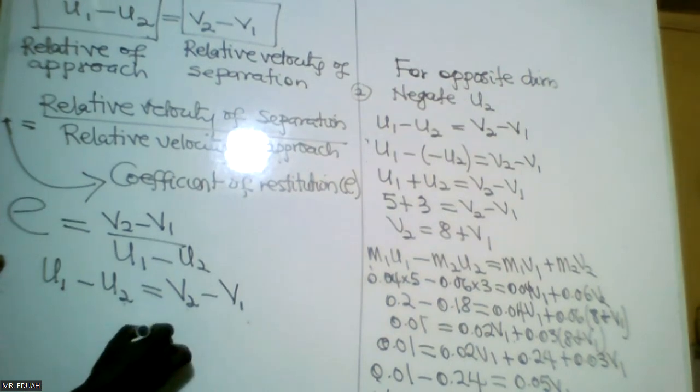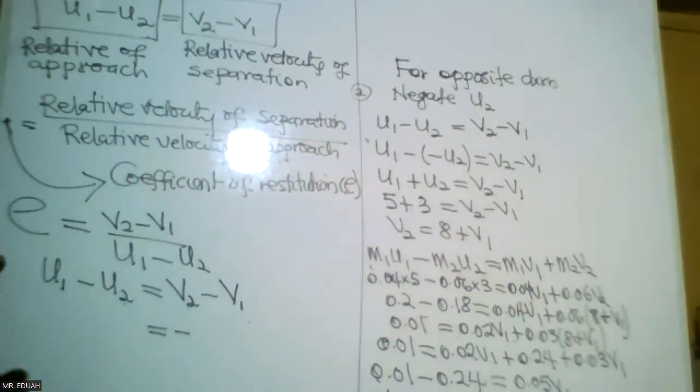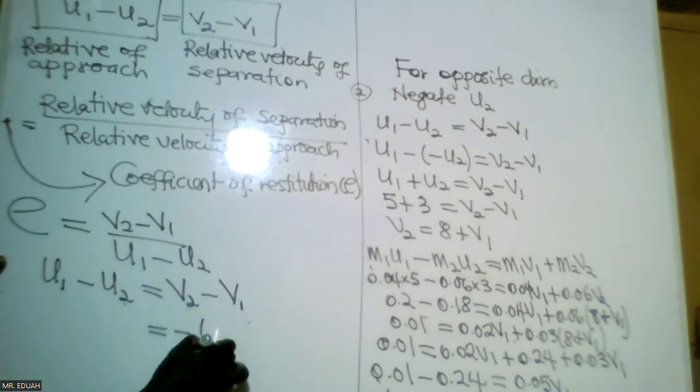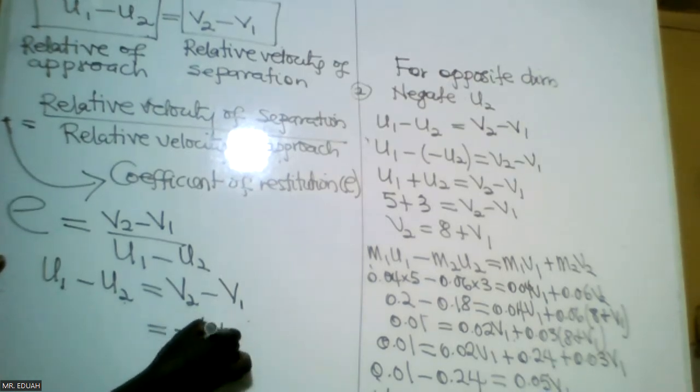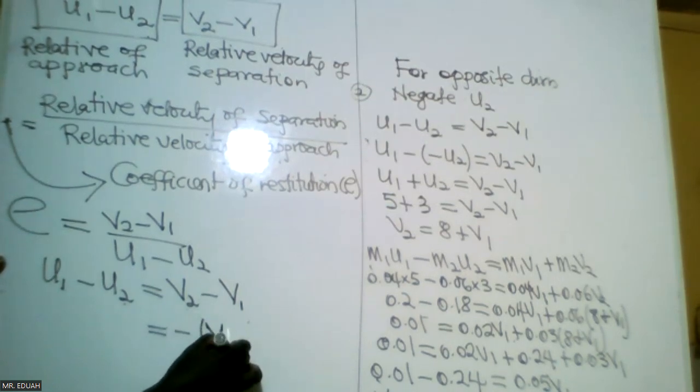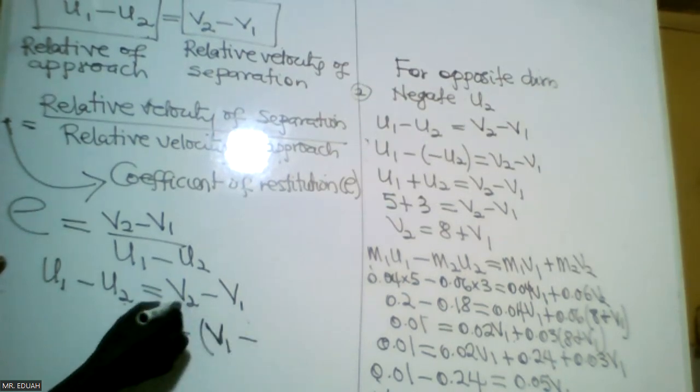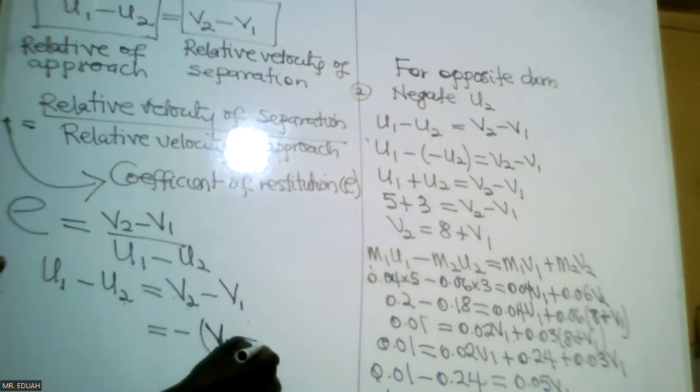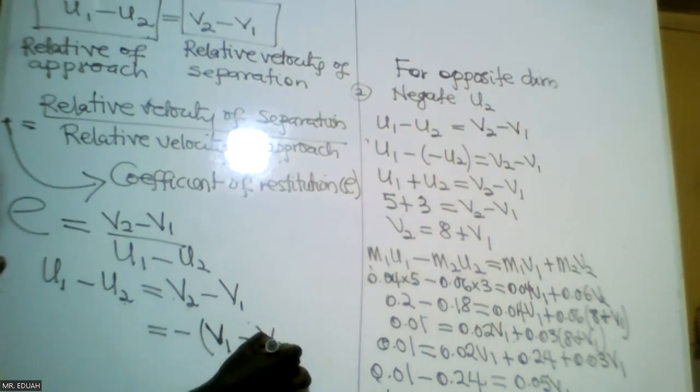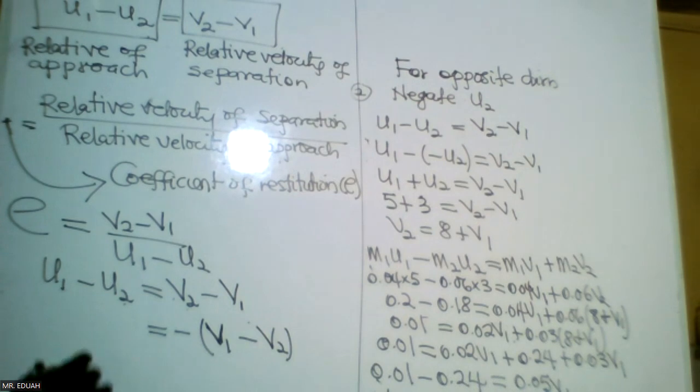So what they do is that when you factorize out negative, you have V1 coming first, minus V2.